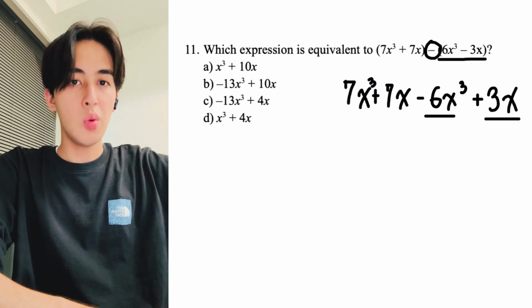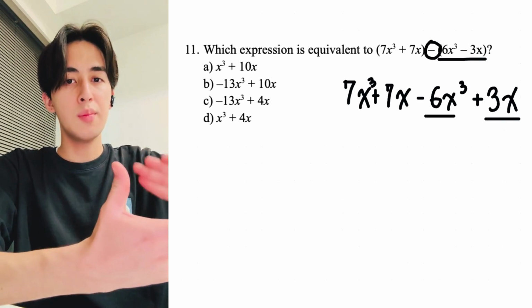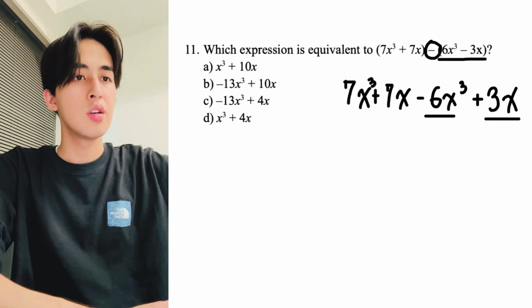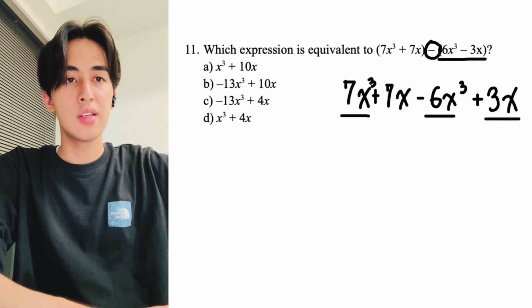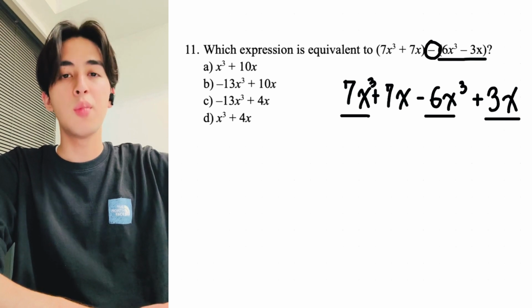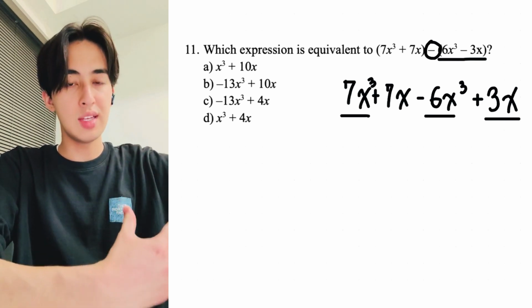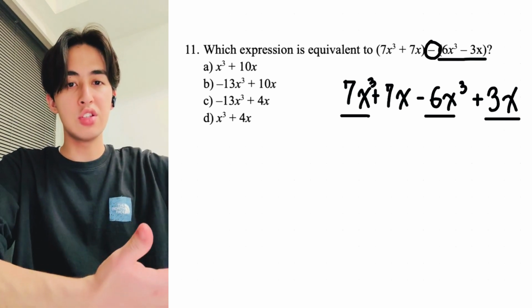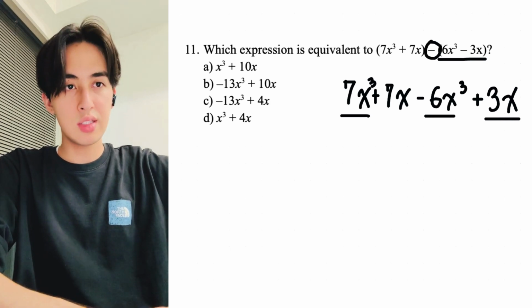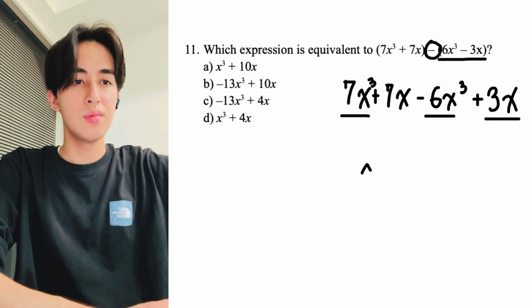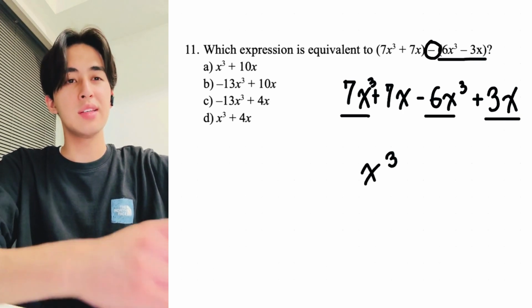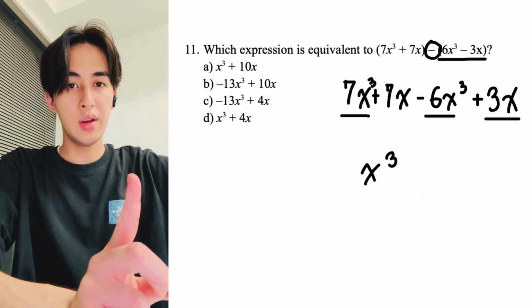Okay, so what we can do next is actually combine the like terms. So this 7x cubed and this negative 6x cubed both have the x cubed in it, so they can be combined into one. 7x cubed minus 6x cubed will give you x cubed, because 7 minus 6 is 1.